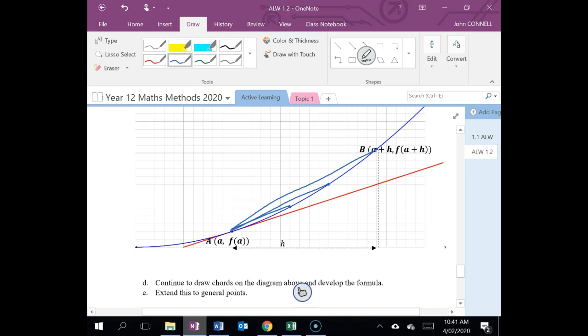As it comes down, what is the slope becoming more like? The tangent. So much so that if you brought B all the way in to A, the idea is that you'd be heading to the point where the slope of this chord is actually going to be the same as the slope of this tangent.